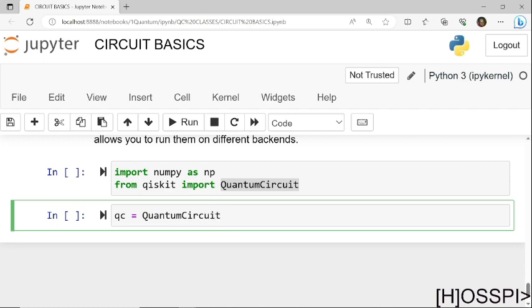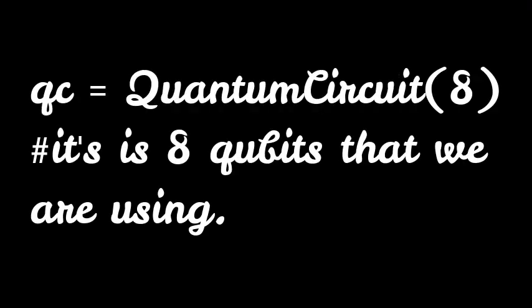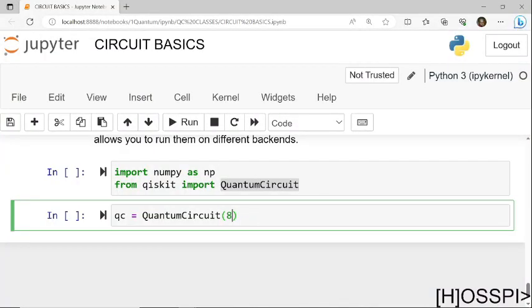So we have qc is equal to QuantumCircuit, and from there we create the number of qubits we want to have, both quantum and classical. Our qubits are 8, and we are going to have 8 outputs. We have 8 qubits, and it's going to give us 8 outputs.